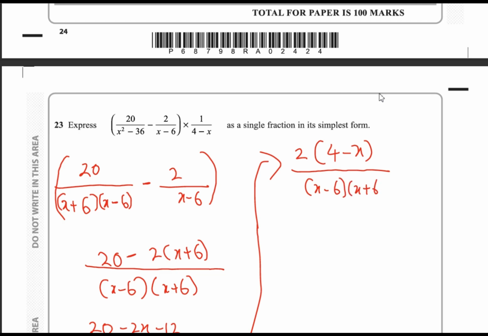Now I deal with the multiplication sign. This entire thing is a simplified version of this, right? Then when I put this in, I have multiplied by 1 over 4 minus x, and now what do you see? We can cancel some like factors, so 4 minus x and 4 minus x are common, so this 4 minus x cancels with this.